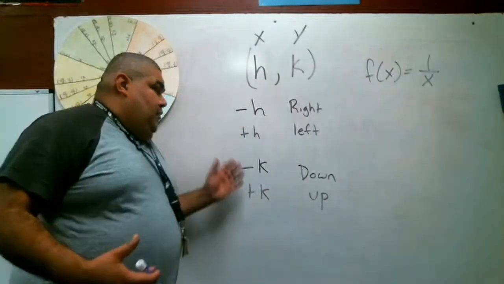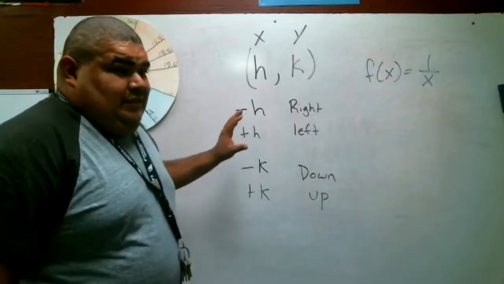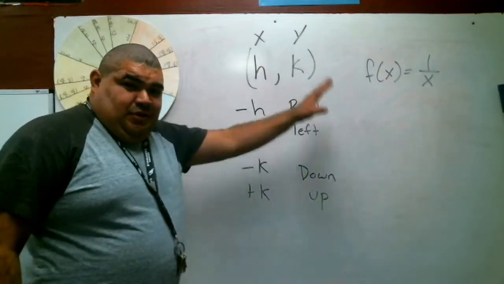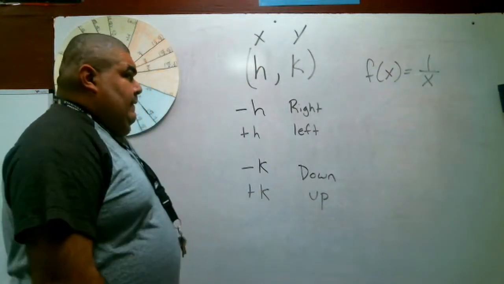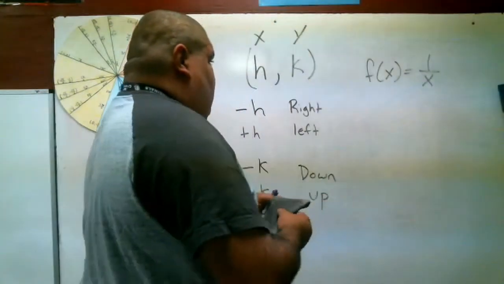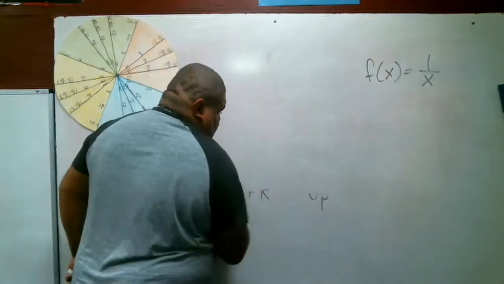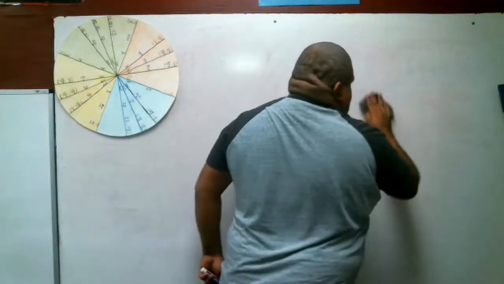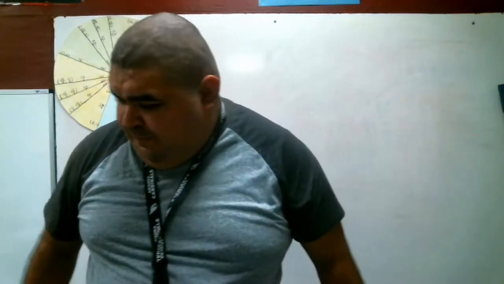Today we're mostly going to focus on H and K. First of all, make sure you write all this down in your notes. All right, now that you have it in your notes, we can start with today's concept.